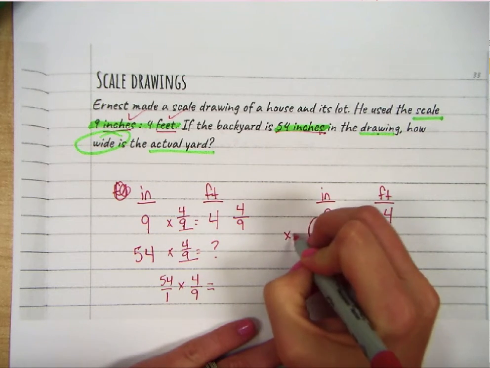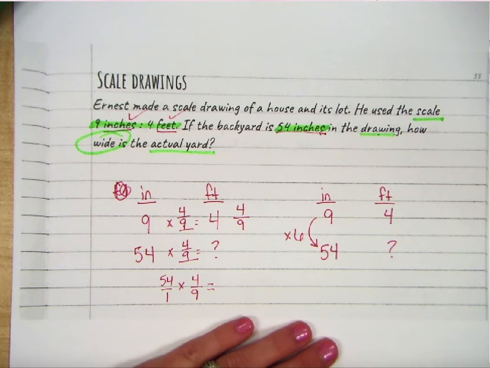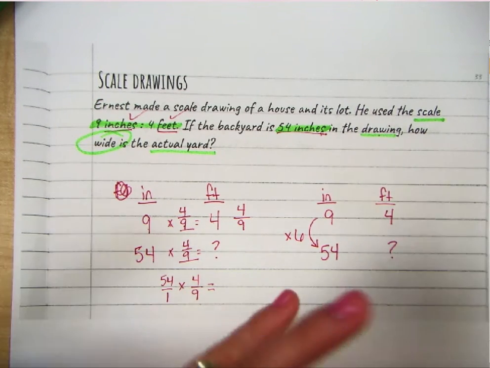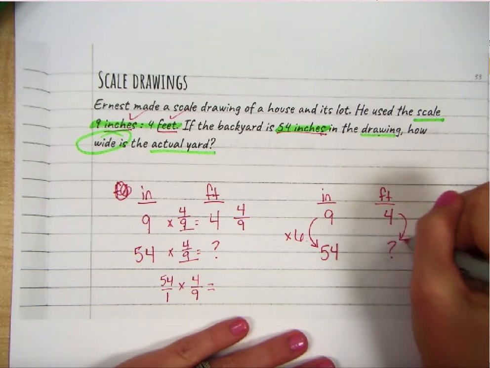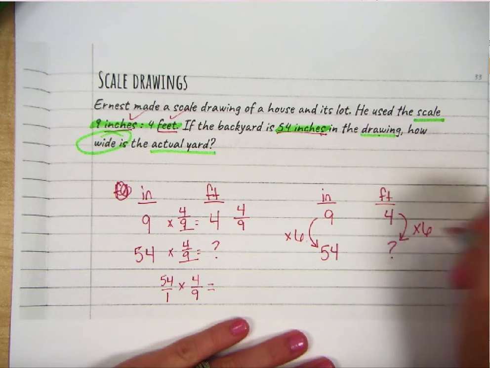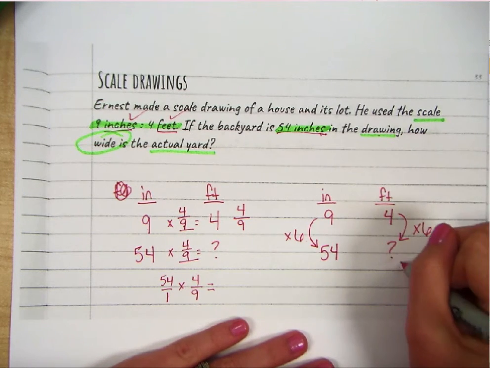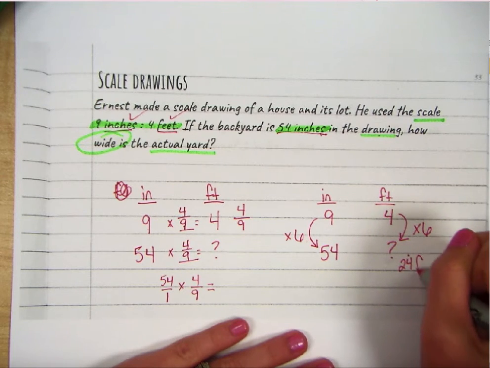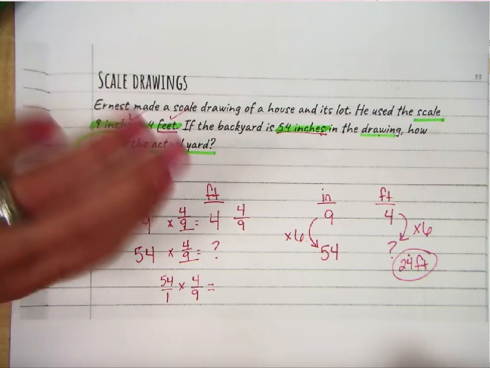I know that 9 times 6 is 54. Okay? Remember, I said proportions mean it changes the same amount. So if I do the same thing here, just like our scale factor, I'm going to do the same thing on the other side. Well, what is 4 times 6? It gives me 24, and that would be 24 feet. So here I did not even find my scale factor.